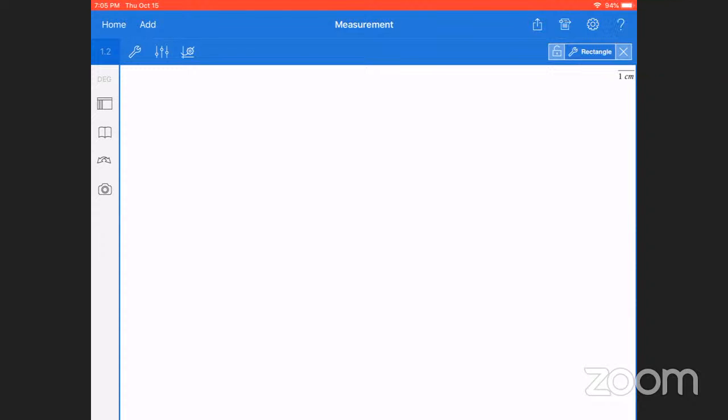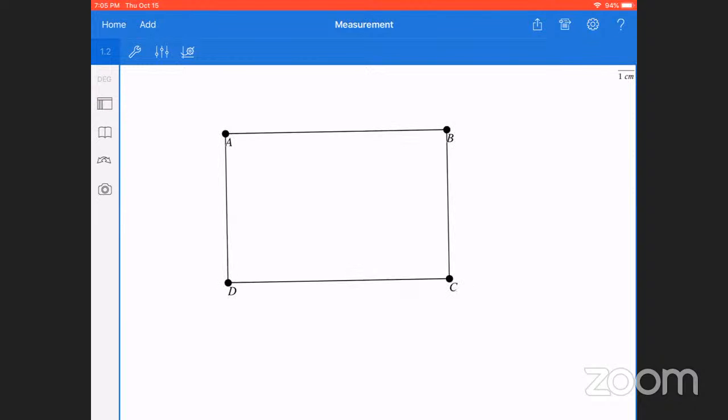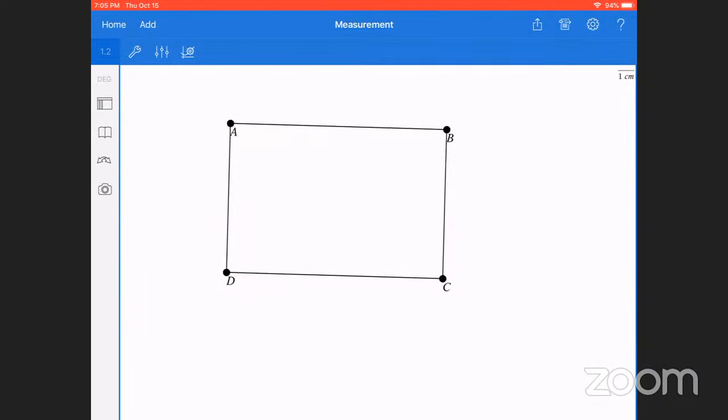But with this, you actually only need to tap 3 times and your rectangle is created, because the first 2 taps are defining your length, and then that 3rd tap is your width, and then it fills in the last side for you.